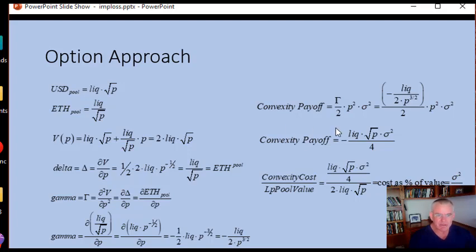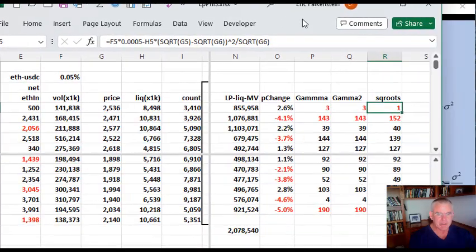But the tricky thing about this whole approach is liquidity, because liquidity, whether you're looking at it over a day or a week, it's not constant. So that makes it a little trickier, and that's really why I prefer the first inflows and outflows approach. But we can see how we calculate it here.